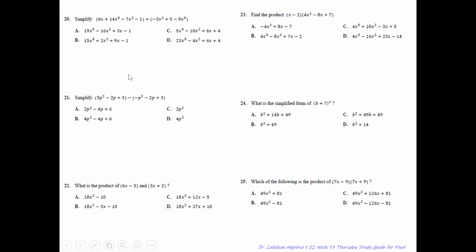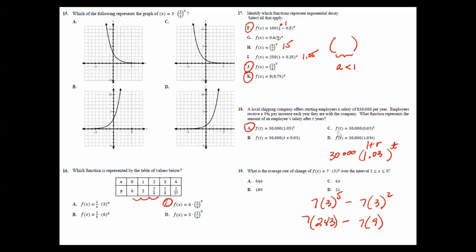All right, let's go on. Remember, you're going to be dividing by the 5 minus the 2. So altogether, you're going to have something that looks like 1701 minus 63 over 3. When you subtract that, you get 1638 divided by 3, and that's going to give you 546, which is your answer.